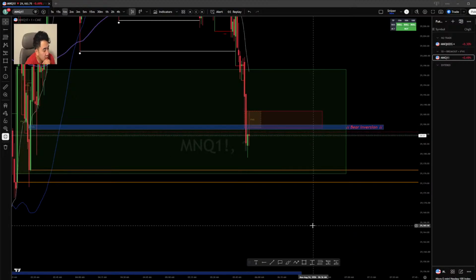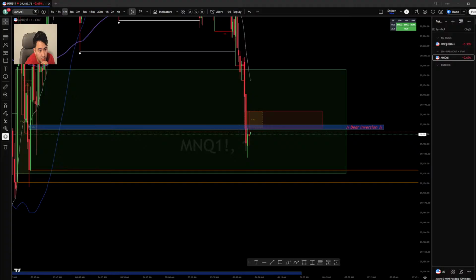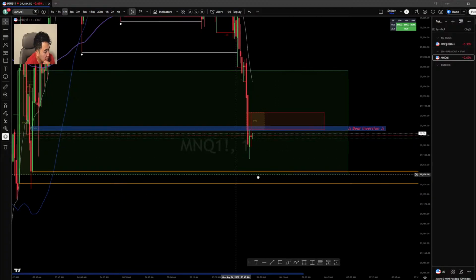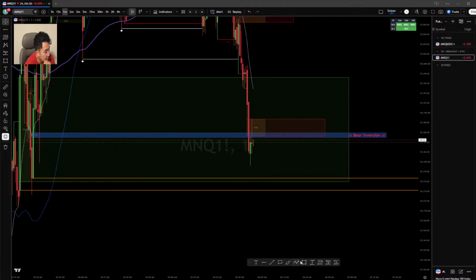Say this bearish inversion is still holding. Still need a break of this orange line though, a close over this orange line.